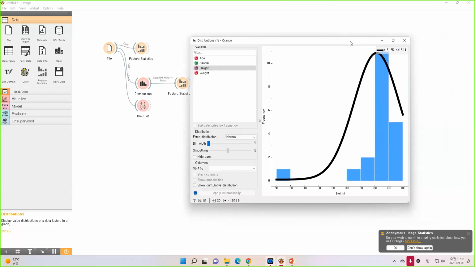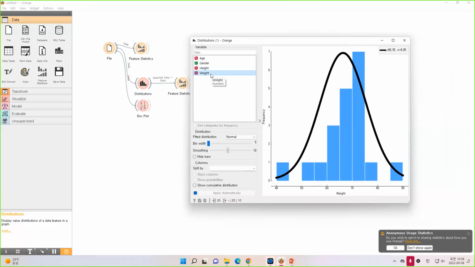And maybe there are some questions before. If you look at this one, the mu is 161. Maybe not that. Let's see this one, maybe it's better. The weight, because it is in the middle. So the mu is 66.35.